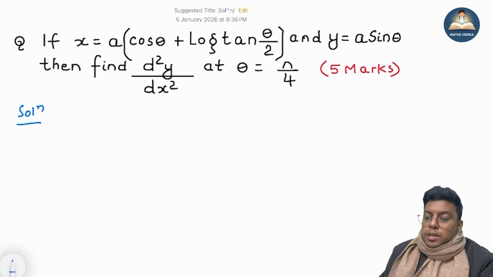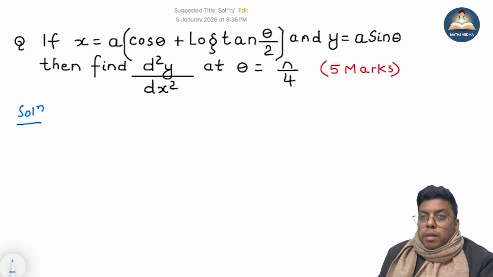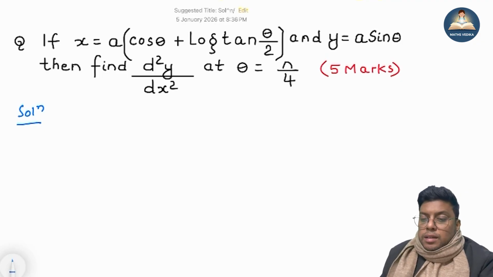d2y by dx square means we have to differentiate y with respect to x 2 times. First of all, we'll differentiate y with respect to x, and the value obtained will be differentiated one more time. Here we can see that x and y both are functions of theta.